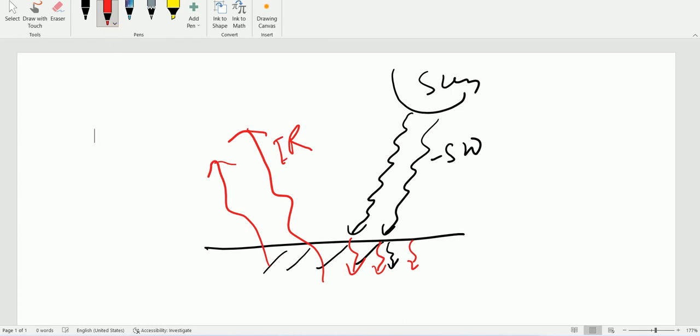It is also known as terrestrial radiation or infrared radiation, and these radiations are absorbed by the dust particles, then by the water vapor, then by methane, and then by carbon dioxide.